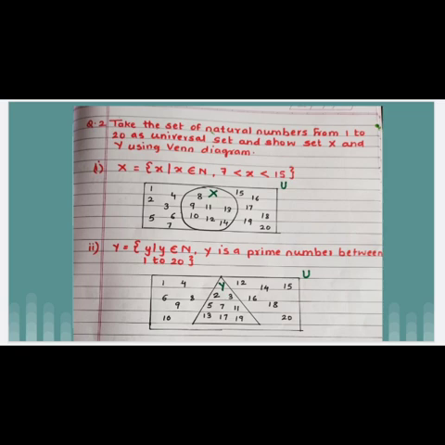Now, to show set x, we have to draw a circle inside the rectangle. Why inside? Because the universal set is bigger compared to x. Hence set x, which is represented by a circle, we draw inside the rectangle.